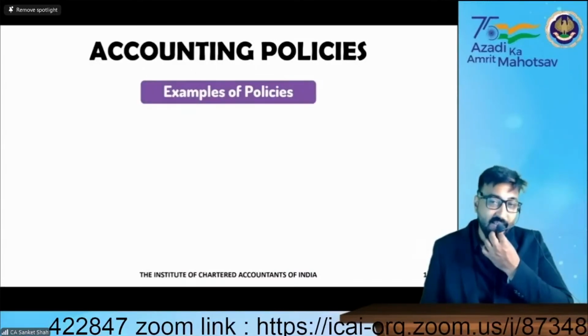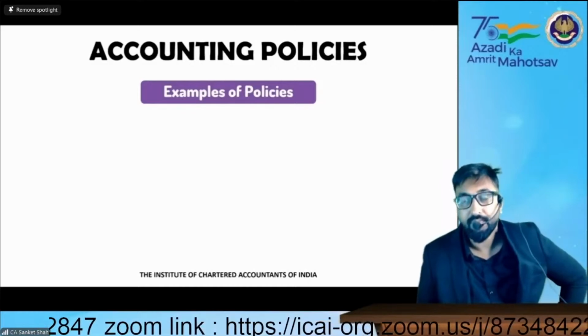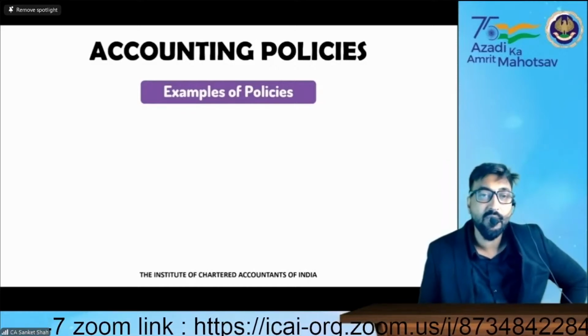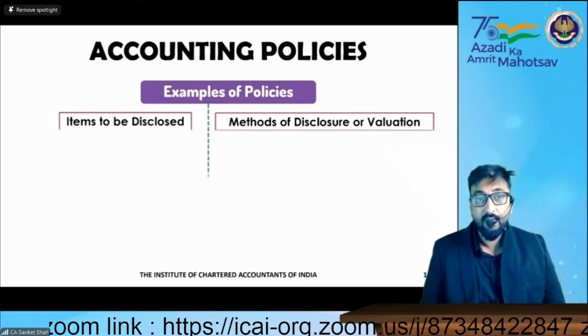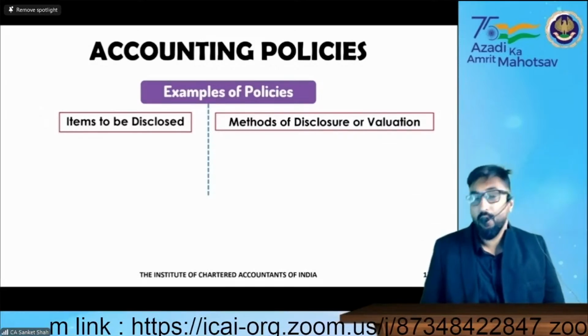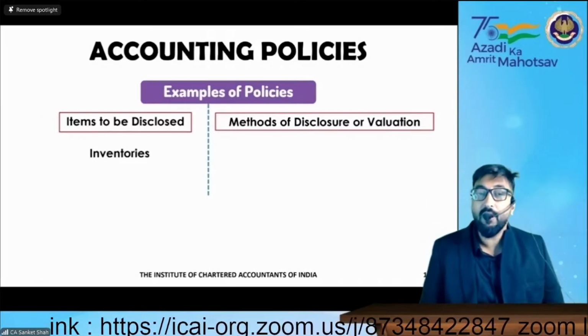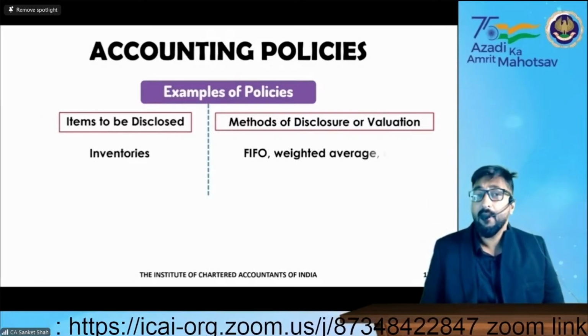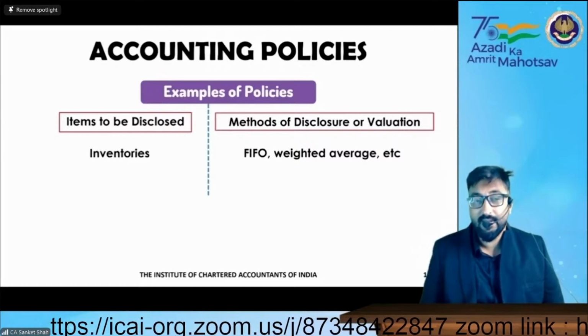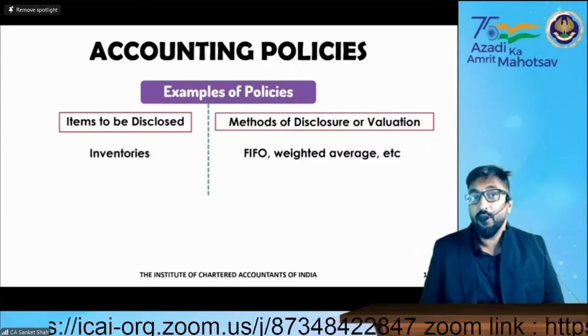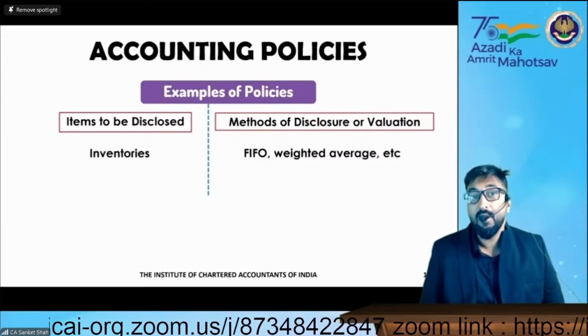Now, what are the examples of policies? Items to be disclosed. For example, inventory: FIFO and weighted average method, where you are going to use it. These are examples of policies.